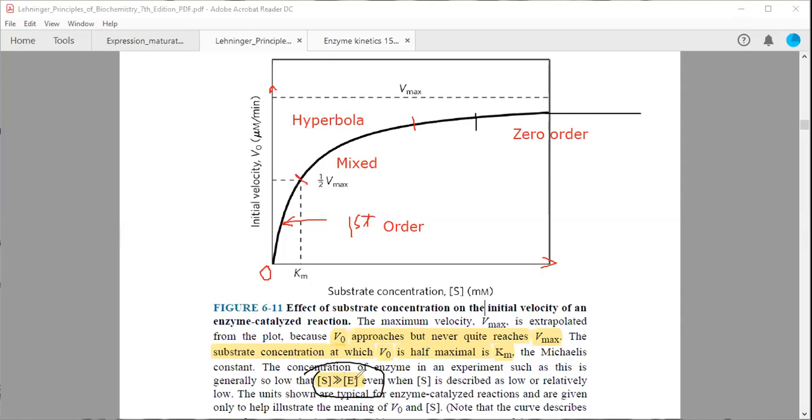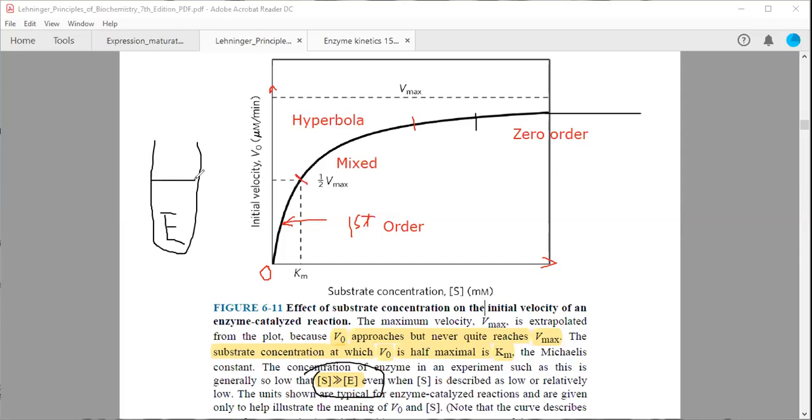So that this enzyme is showing first order reaction kinetics, because suppose there is a test tube in your hand, and you are adding some enzyme here. So here is an enzyme, simply I'm writing E, okay, up to here.